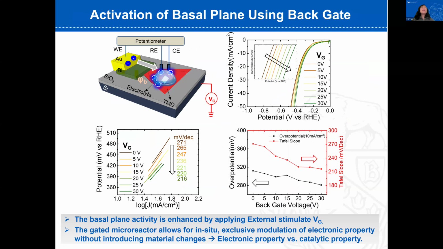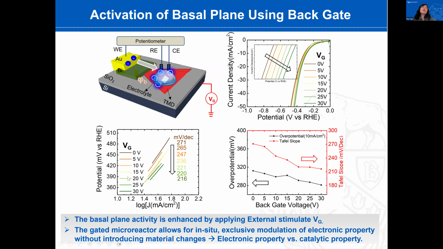If we take a look at this architecture, there's another advantage: we can leverage the silicon chips here and apply the backgate voltage through the doped silicon and the silicon oxide stack. In this case, we again conducted the LSV measurement, and the overpotential value can be extracted from the LSV.